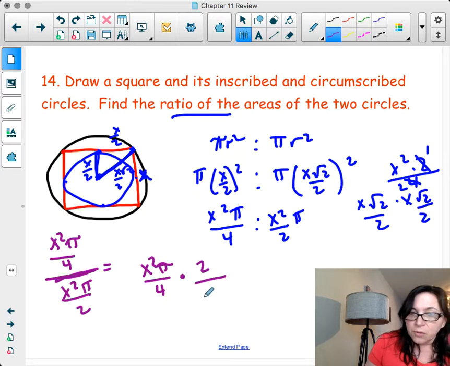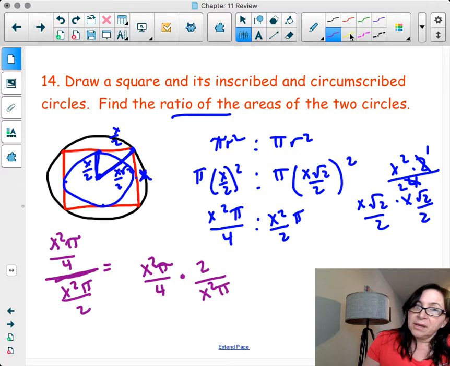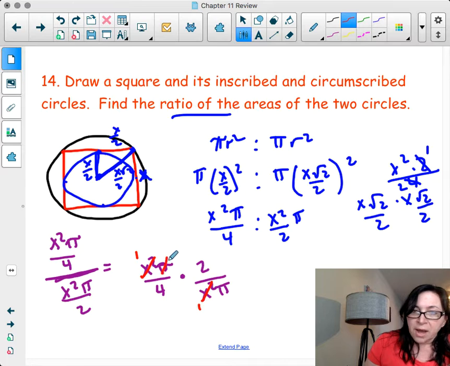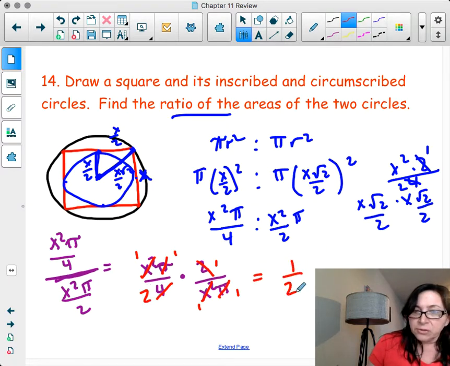So that's going to be 2 over x squared pi. So what ends up happening is we're able to cancel out our x squareds. X squared divided by x squared is 1. Pi divided by pi is 1. 2 divides into 2 once, and 4 twice. 1 times 1, 1 over 2. You also could rewrite that as 1 to 2. And that's your ratio of areas.